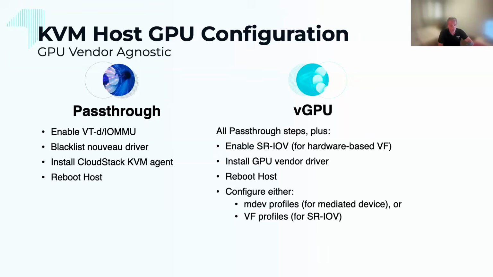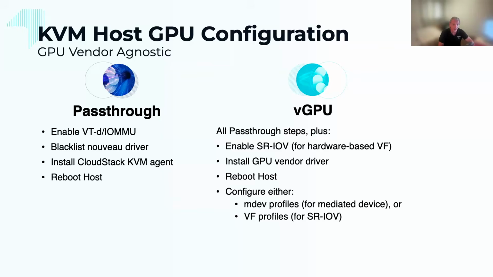On the host side, GPU can be used in two modes. The default mode is pass-through, once you have it plugged in your host and enabled VT-d, IOMMU, for example. You need to do some setup there, like blacklist the Nouveau driver and install the CloudStack KVM agent, and after that, you already have pass-through.